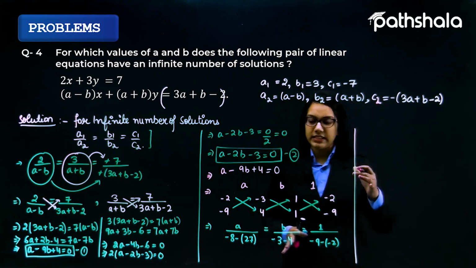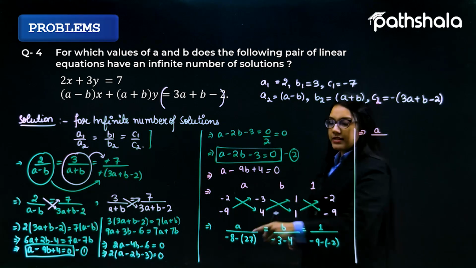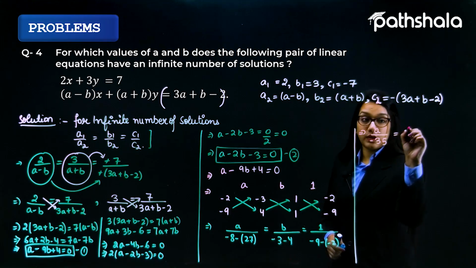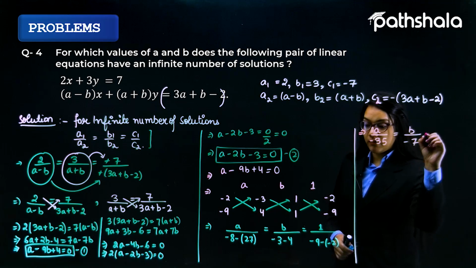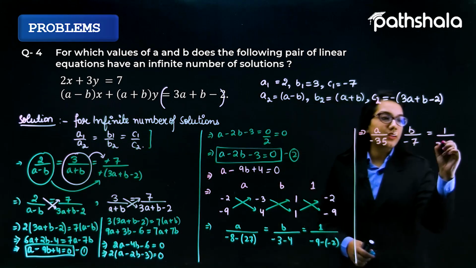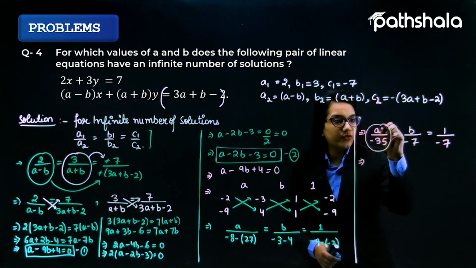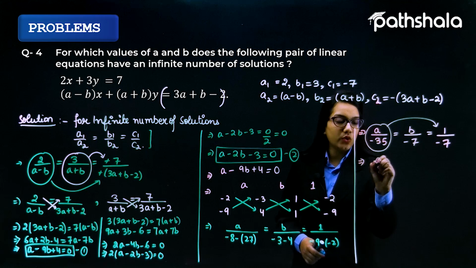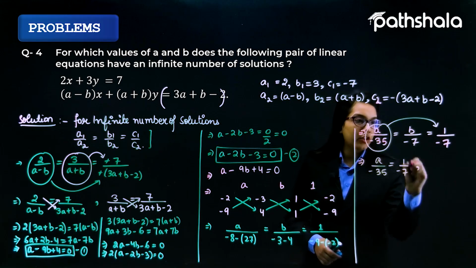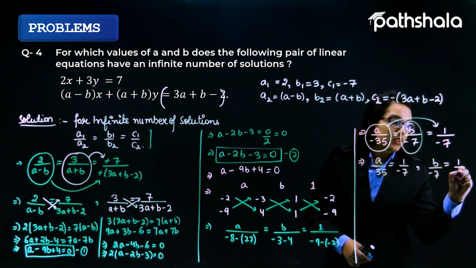So first of all we will have a by minus 8 minus 27 is nothing but minus 35, which is equal to b by minus 7, which is equal to 1 by minus 9 plus 2 is again minus 7. So it means the value of a, let us suppose we are taking this first, which is equal to this one. So a by minus 35 is equal to 1 by minus 7. Further we are taking b by minus 7 is equal to 1 by minus 7.